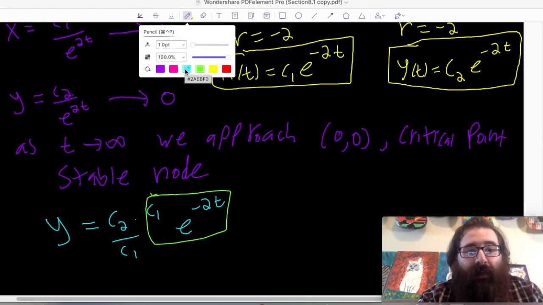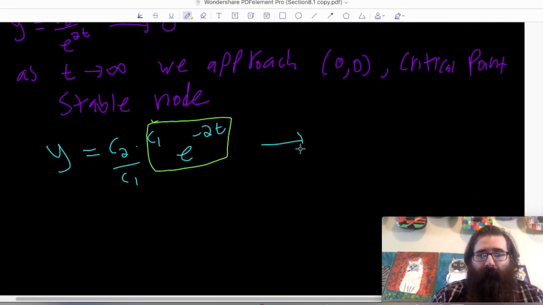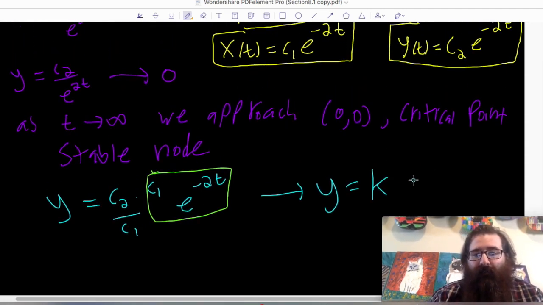So in general, we could say y equals c sub 2 divided by c sub 1. That's just some constant, so let's call it k. And c sub 1 times e to the negative 2t, well, that's x. So y is really some constant times x, for some constant k.